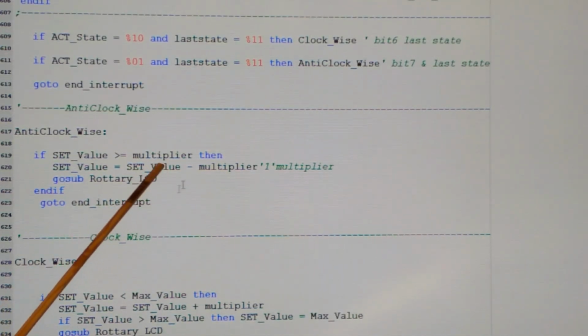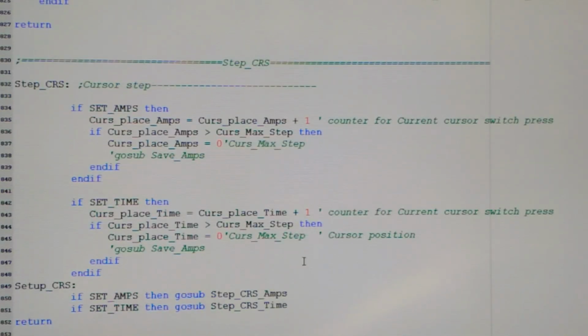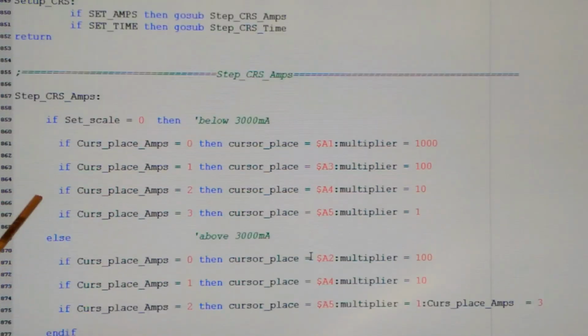So the multiplier is going to tell you that, and that is in your cursor section. Here's your multiplier, step cursor amps. Depending on where the cursor is showing on your LCD screen, the multiplier could be 1000, could be 100, could be 10, or could be 1.